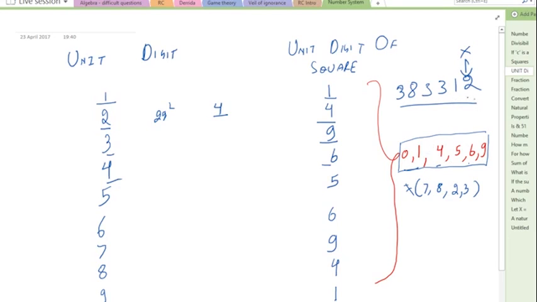Similarly, you can't have 7, 8 or 3 over here. It has to be one of these. We'll see some questions on this also, but now you have heard it, so you should not forget. You should know these numbers and imbibe this concept that whenever a number has 3 at the end or 8 at the end, it cannot be a perfect square, because the unit digit does not match with what it should be.